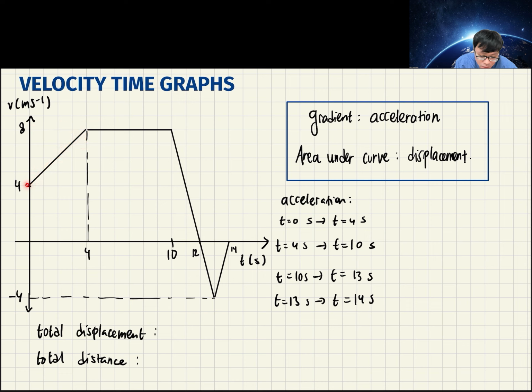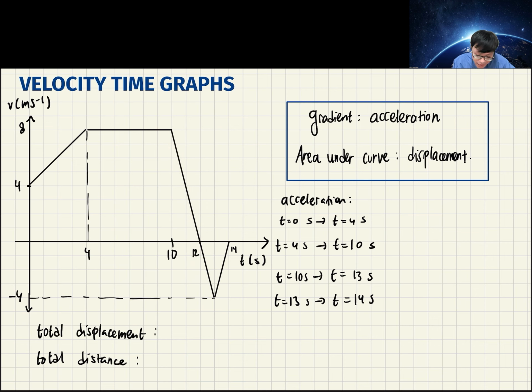So at this point, the object accelerates, and then the object here is moving at constant speed, moving at 8, because as you can see, the line is at 8, means that the object is moving at constant speed 8 meter per second. And then it goes down, means that it decelerates until it reaches 0. From 8 to 0 means that the object decelerates.